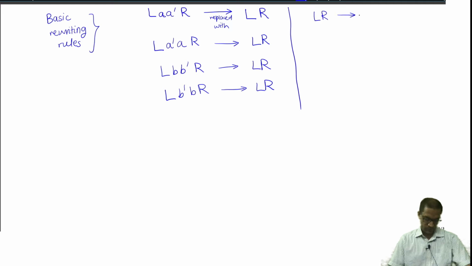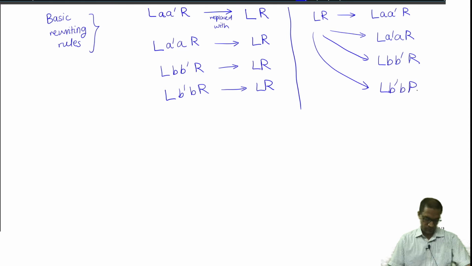So given 2 words L and R, I am allowed to introduce an a prime in the middle, or I am allowed to introduce a a prime. Okay, so I am allowed to replace LR with a word whose length is 2 more.